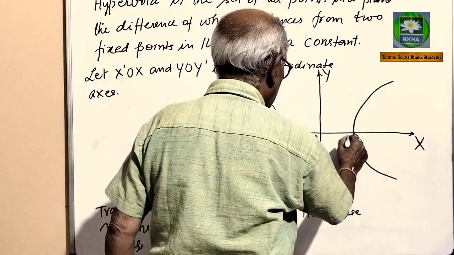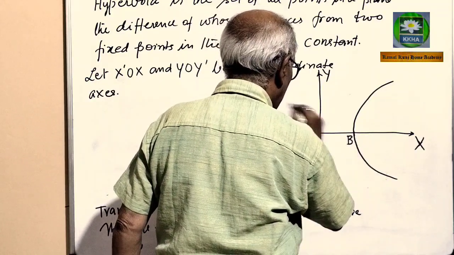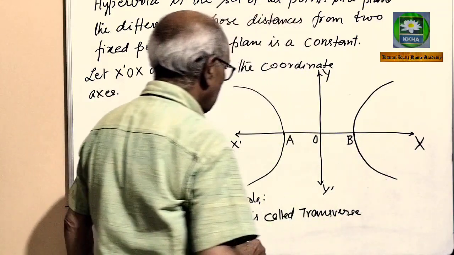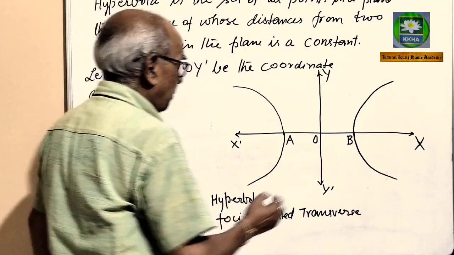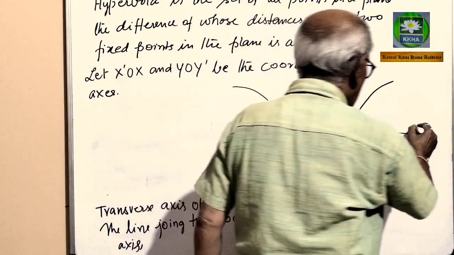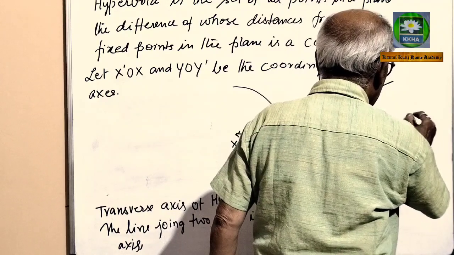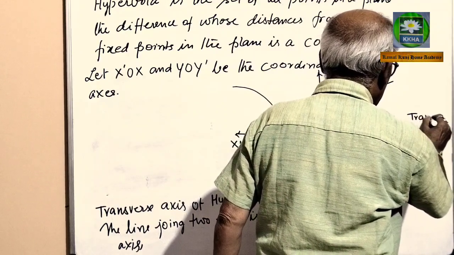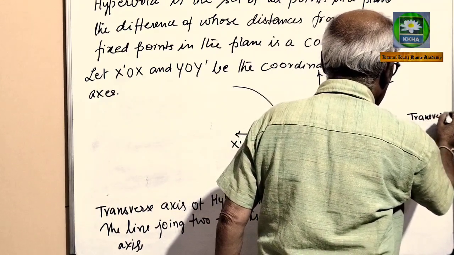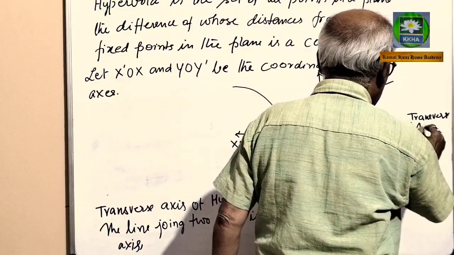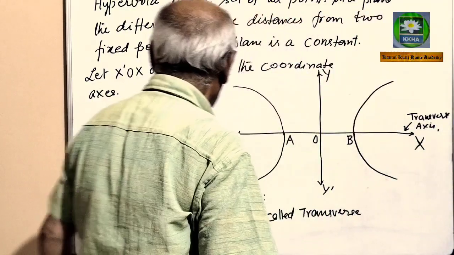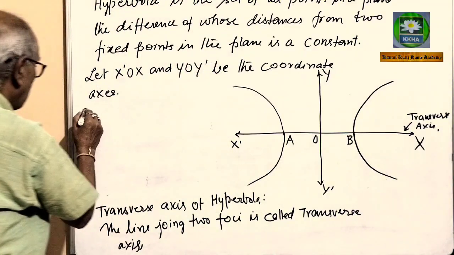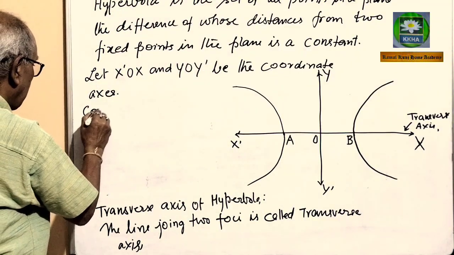This is A and B. This is the transverse axis. And there is the conjugate axis. What is the conjugate axis?